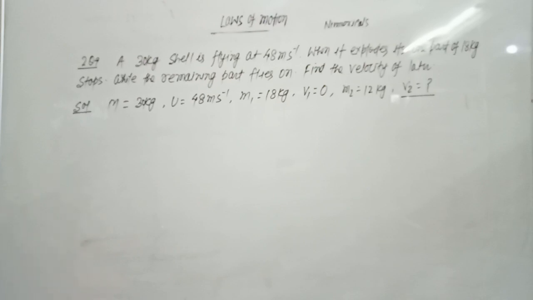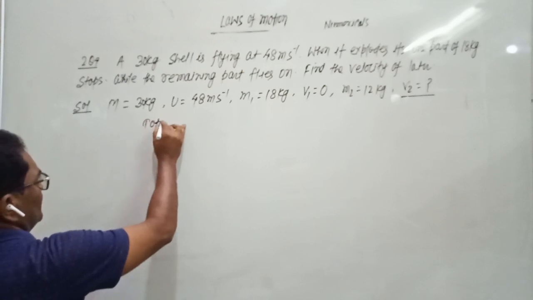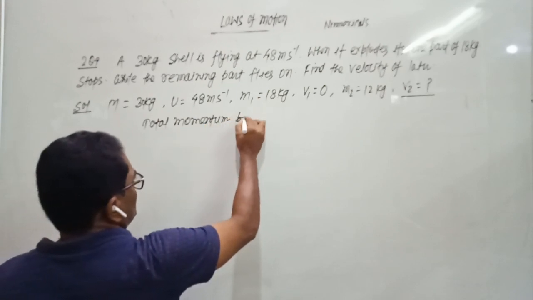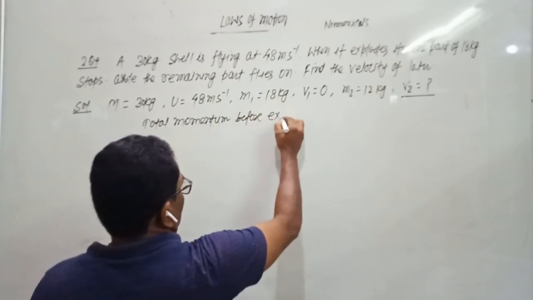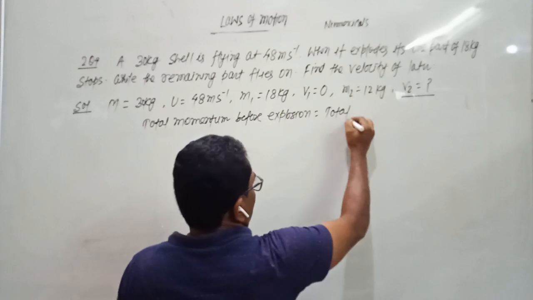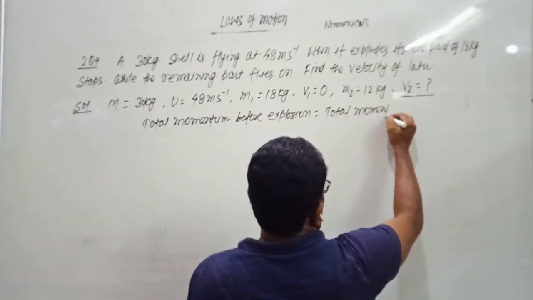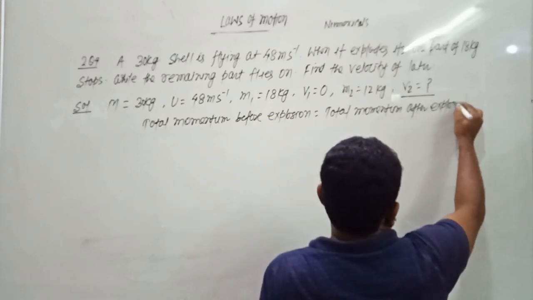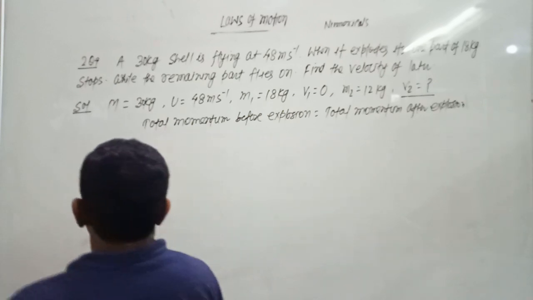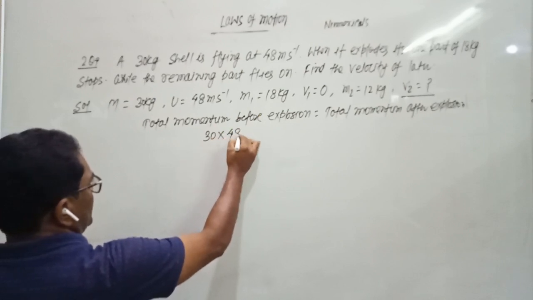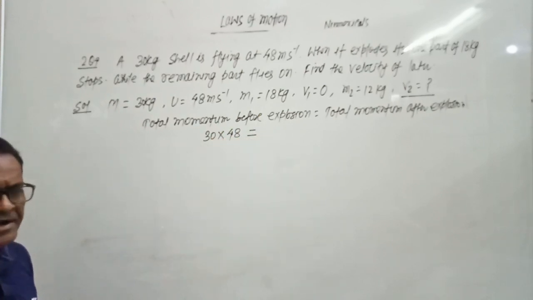So we use the conservation of linear momentum. Total momentum before explosion equals total momentum after explosion. Before explosion, the mass of the shell was 30 kg and its speed was 48, so 30 into 48.